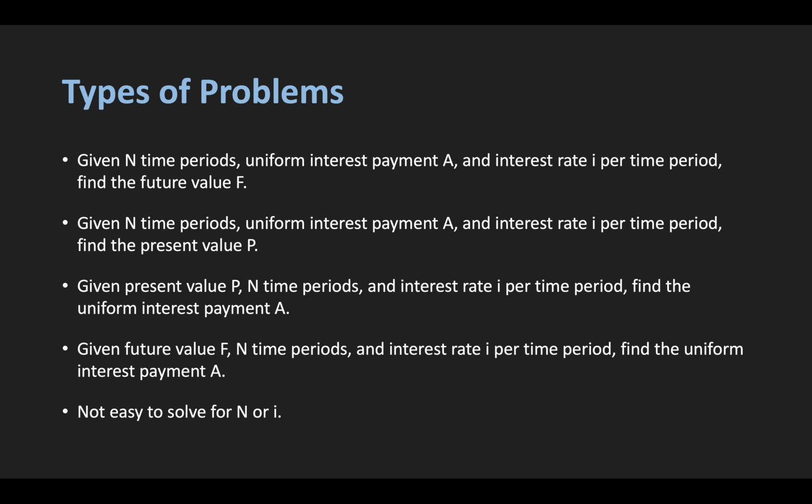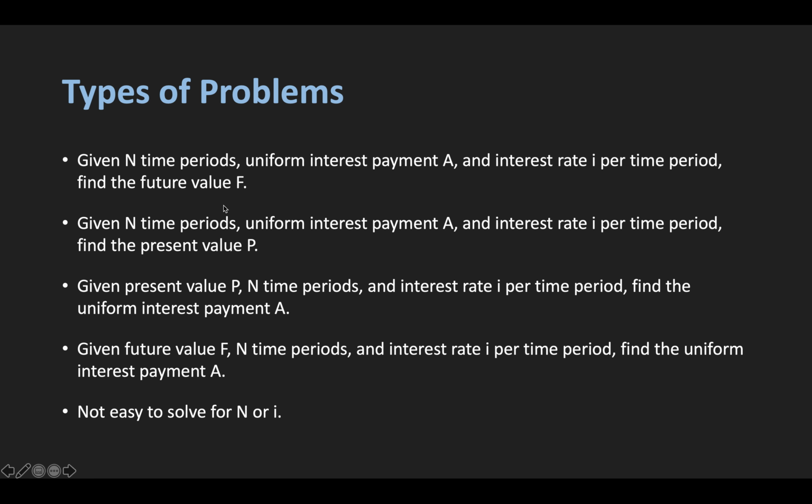So in this case, this could be the way to calculate what will be asked, especially for this class. Given n time periods, uniform payment is A, meaning that at each time period, year 1, year 2, year 3, or month 1, month 2, month 3, the payment is always A. Interest rate per time period is i, and then we find the future value, right?